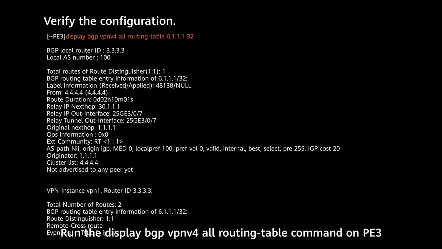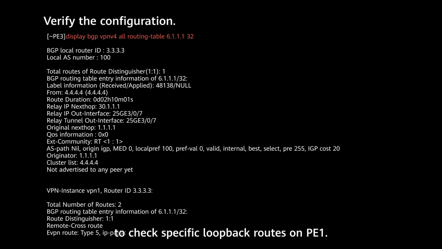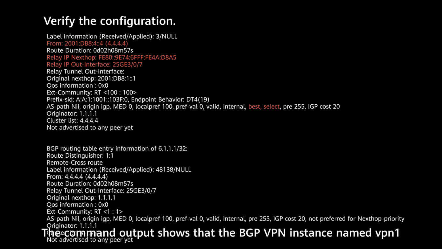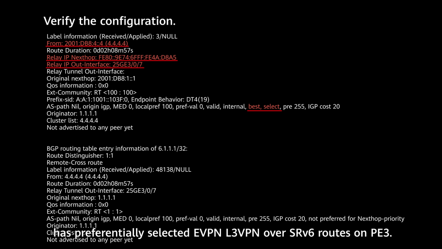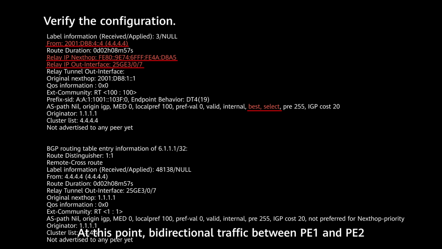Run the display BGP VPN v4 all routing table command on P3 to check specific loopback routes on P1. The command output shows that the BGP VPN instance named VPN1 has preferentially selected EVPN L3VPN over SRv6 routes on P3. At this point, bidirectional traffic between P1 and P2 and between P1 and P3 is carried over SRv6 tunnels.